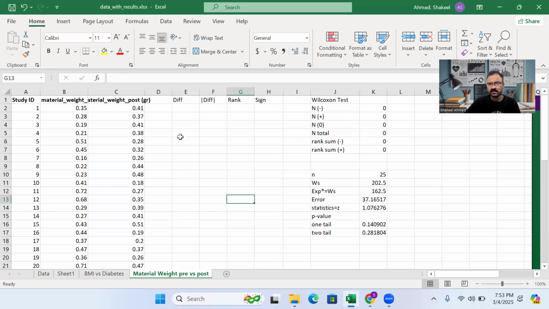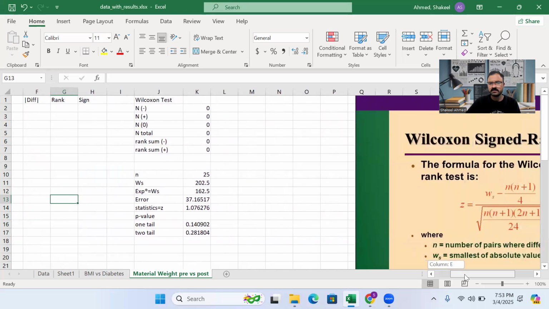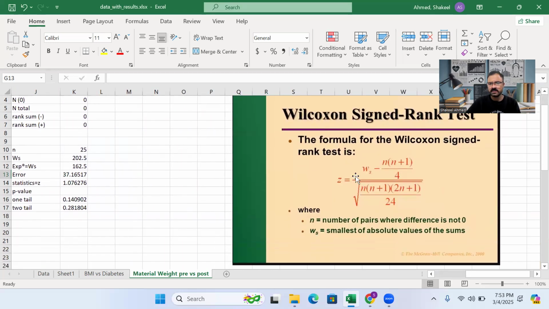So the Wilcoxon Signed Rank Test provides us the test statistics based on Z, although you can use the WS, the Wilcoxon statistic directly using Wilcoxon formula, the table, but mostly we use the Z approximation using the WS statistics, that is the sum of the ranks, which may be the positive ranks or the sum of the negative ranks.